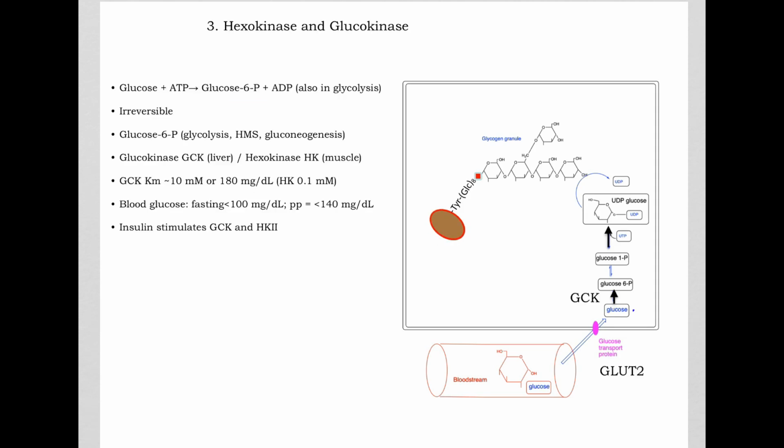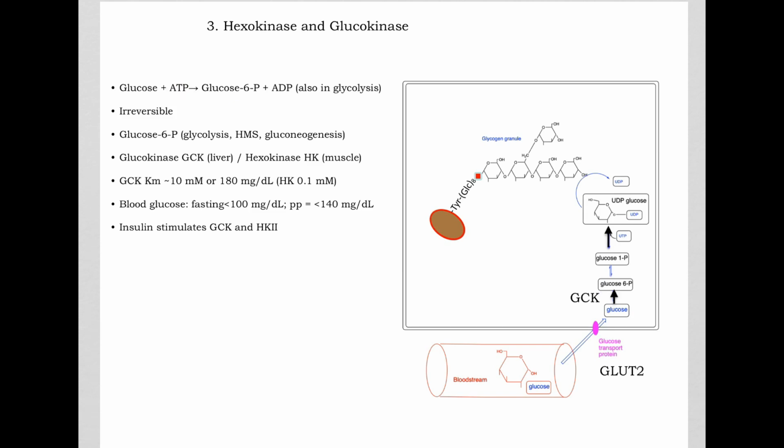So the glucose that is brought into the cell reacts with ATP, and that will give us glucose 6-phosphate and ADP. So the glucose that is brought into the cell is converted into glucose 6-phosphate.